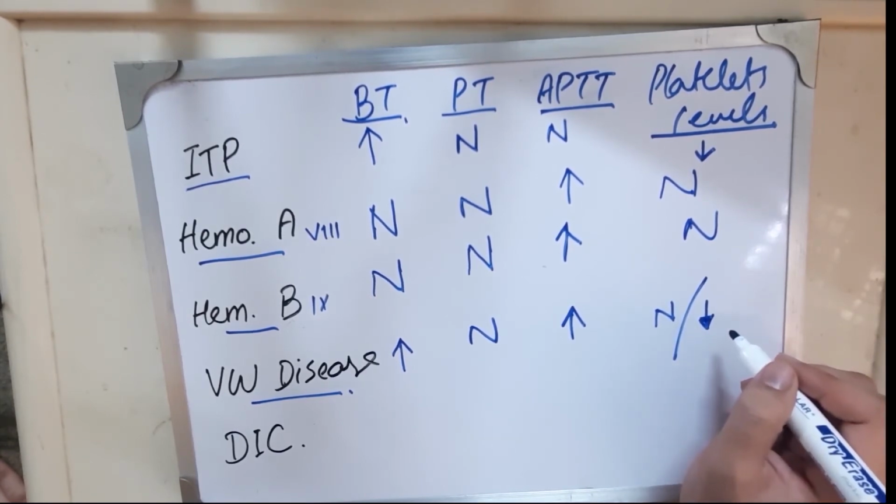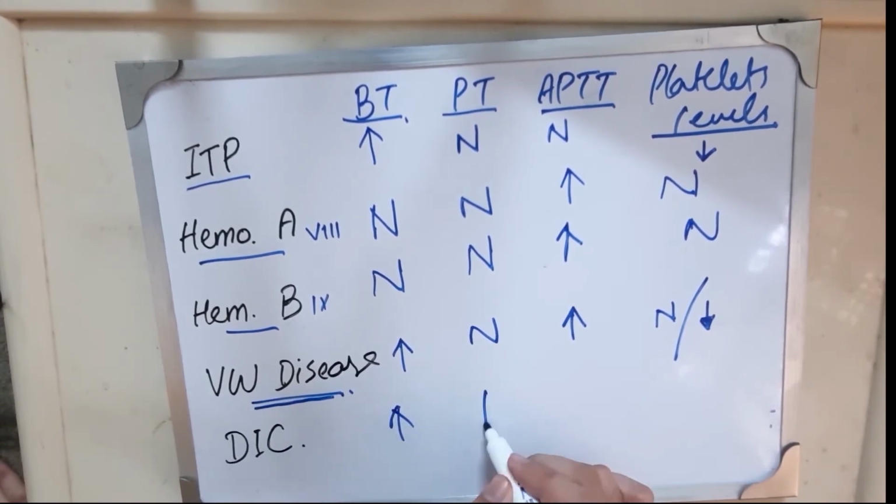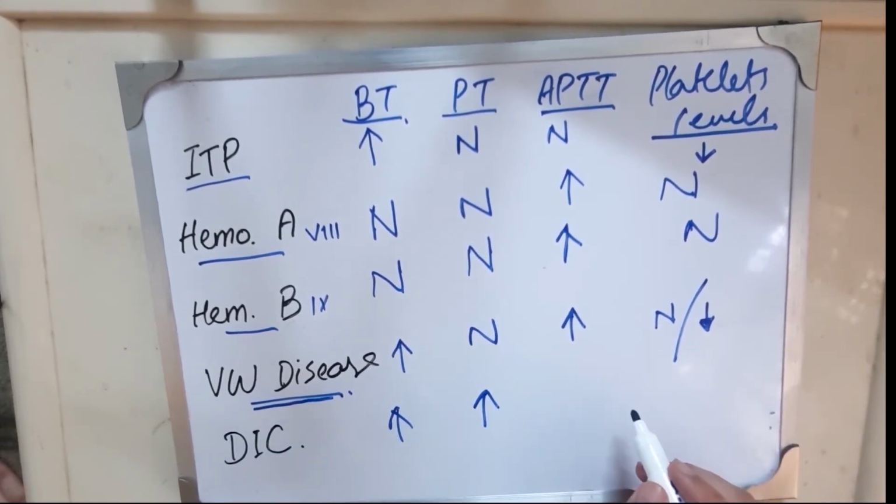There is an additional test for von Willebrand disease. We will discuss it later. DIC. DIC is characterized by consumption of all clotting factors and platelets in microthrombi formation. So bleeding time will be increased, prothrombin time will be increased because all factors are involved, including factor 7.